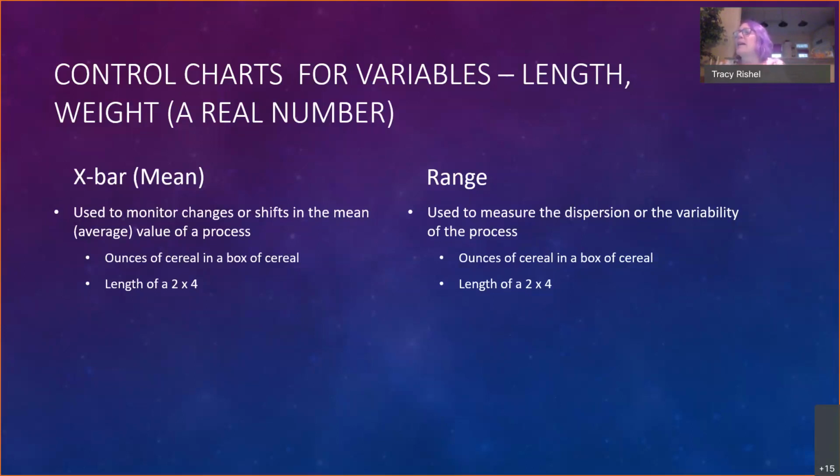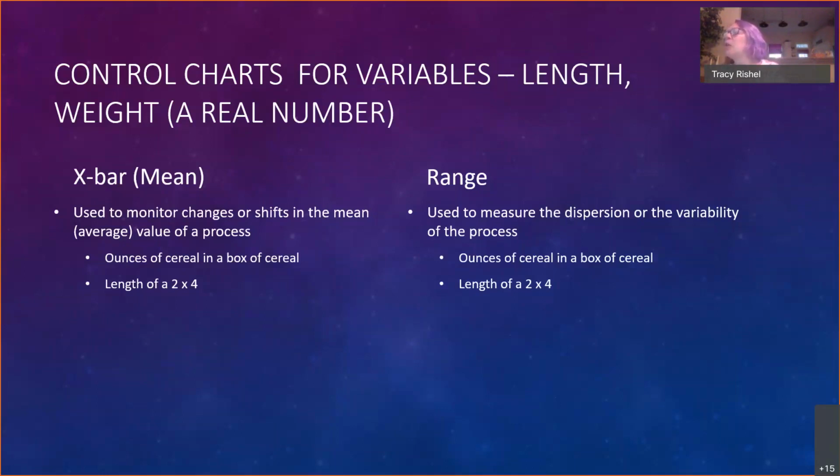So an X-bar chart is used to monitor changes or shifts in the mean or the average value of a process. So let's say that we make boxed cereal, and I don't really eat much cereal, so I don't know how much a box of cereal weighs. Let's say it weighs 12 ounces. So our cereal boxes should on average weigh 12 ounces.